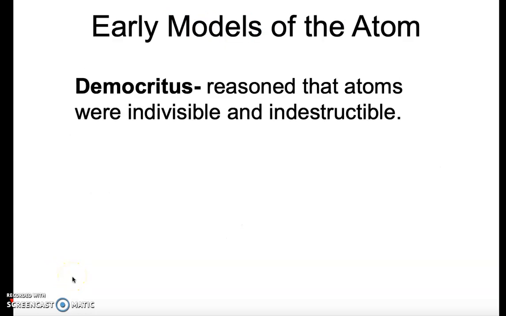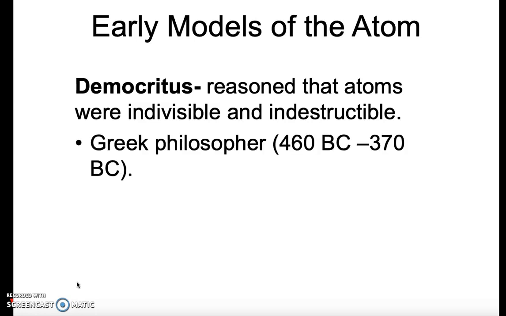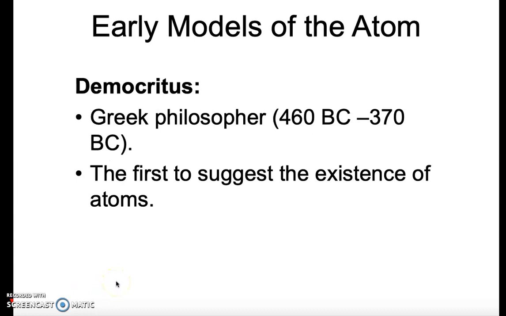Now, continuing, one of the first people that go down in history regarding the atom is Democritus. Democritus reasoned that atoms were indivisible and indestructible. He was a Greek philosopher and the first to suggest the existence of atoms.